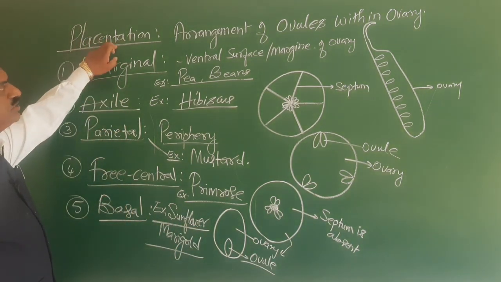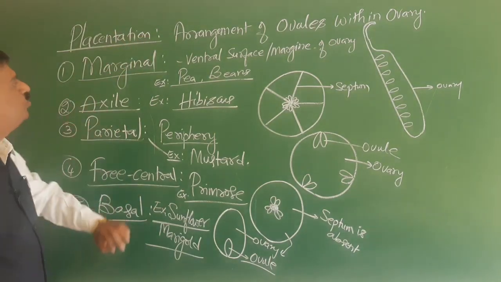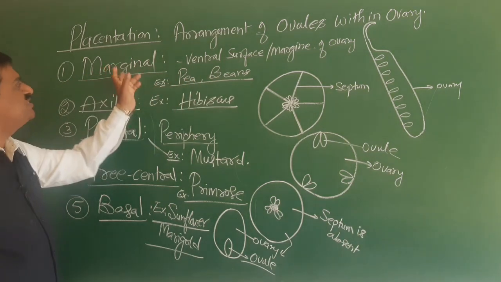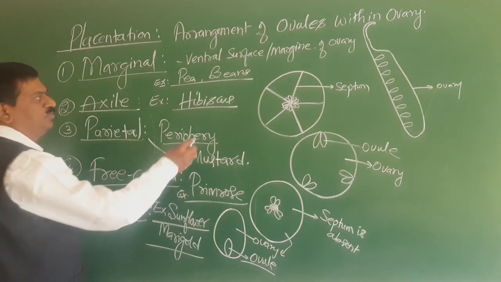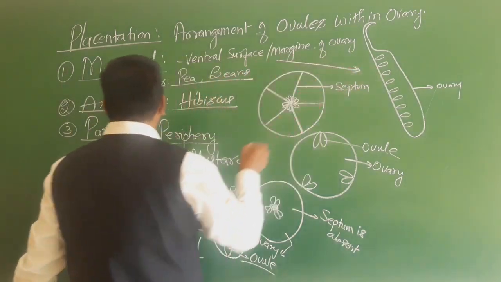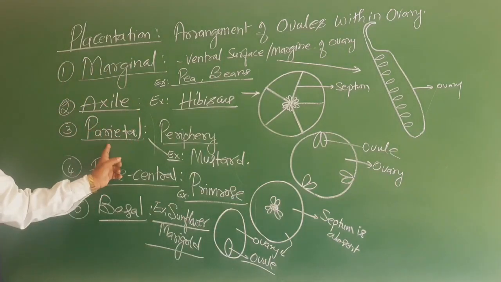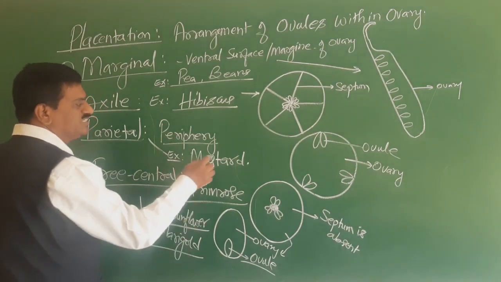I will repeat this. Placentation is nothing but arrangement of ovules inside the ovary. Marginal placentation, beans and pea is an example. Axial placentation, hibiscus is an example. Parietal placentation, the ovules are present at the periphery, example mustard.